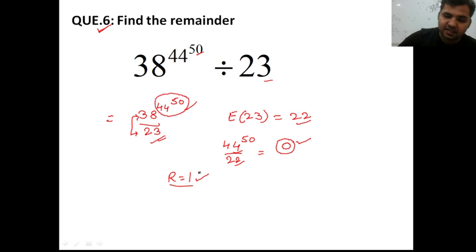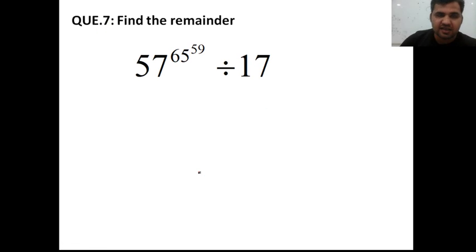So I'm moving to the next question, question number 7. How would you solve this question? Find the remainder when 57 power 65 raised to power 59 is divided by 17. In this case, what will be the answer? Rajan, I'm giving you a minute to solve this.